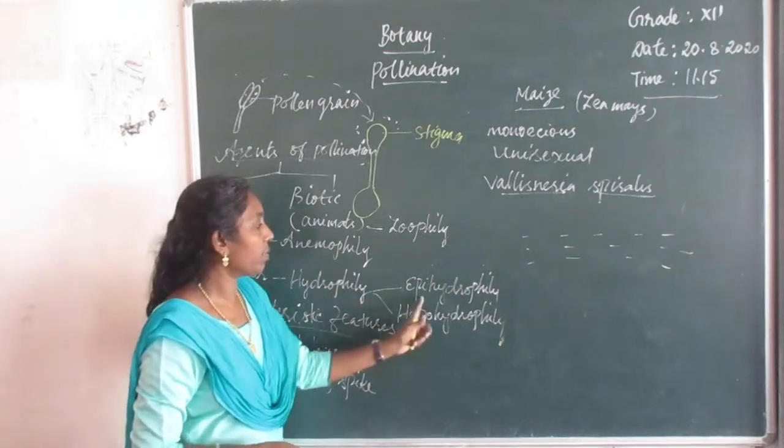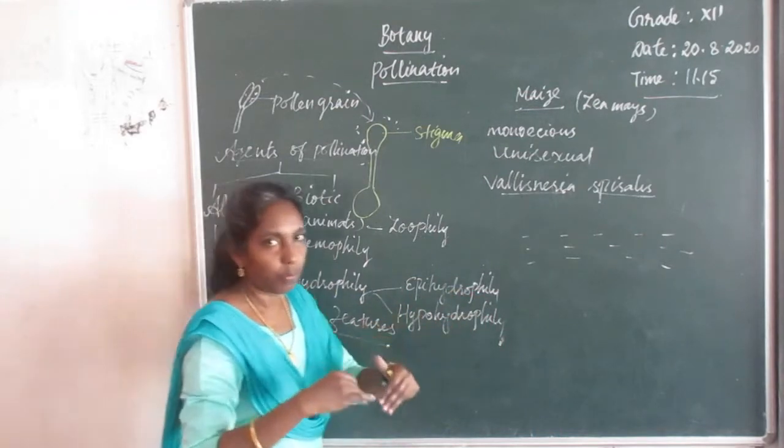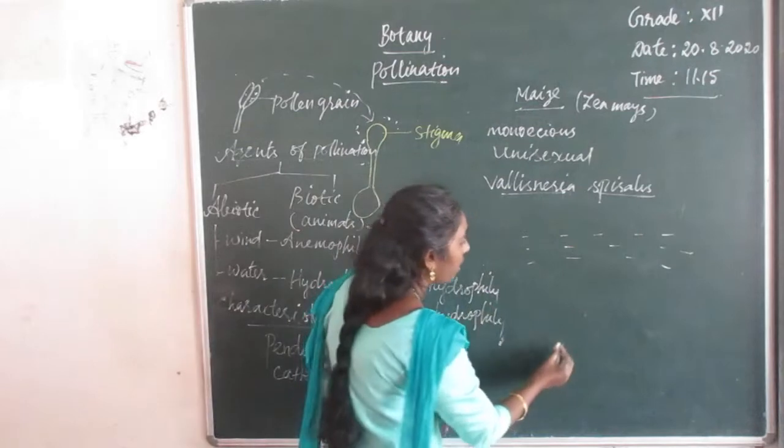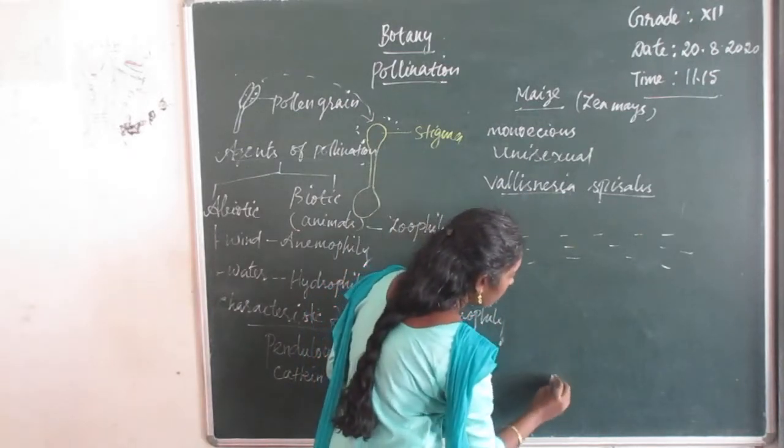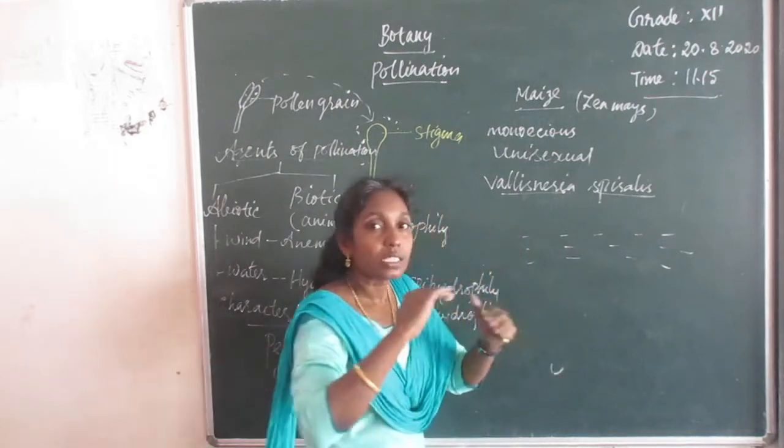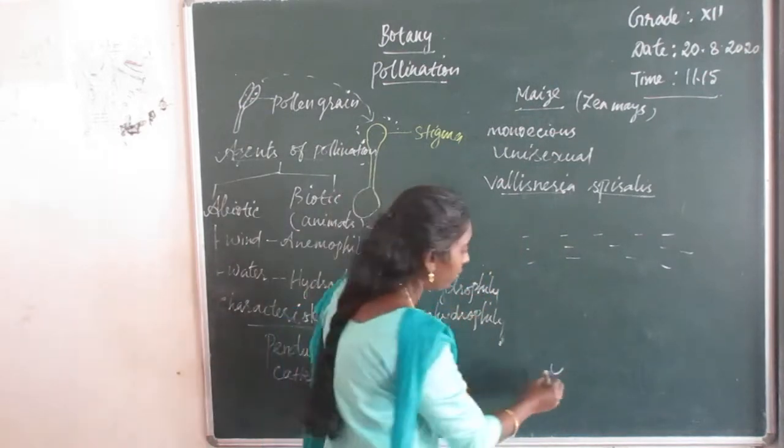Let us see the difference between epihydrophily and hypohydrophily. So epihydrophily, example Vallisneria spiralis. This is the plant. This is the submerged rooted hydrophyte.